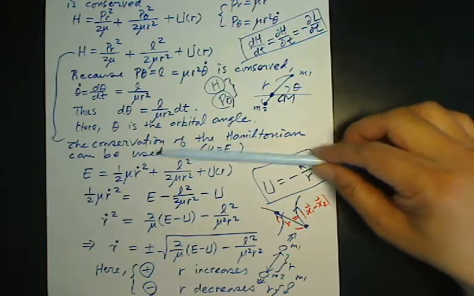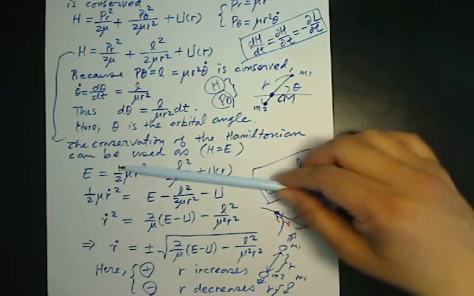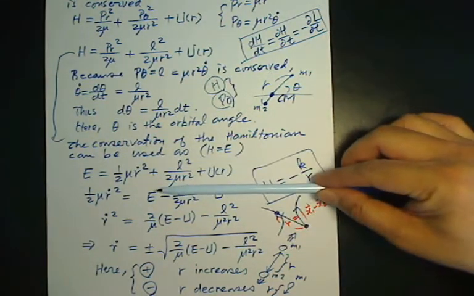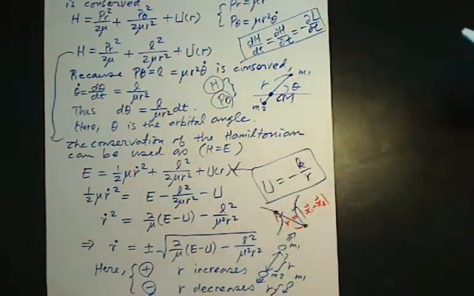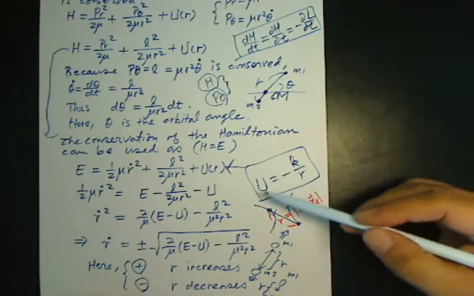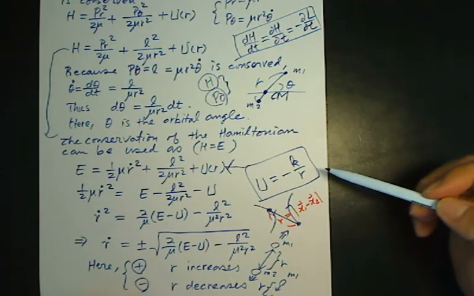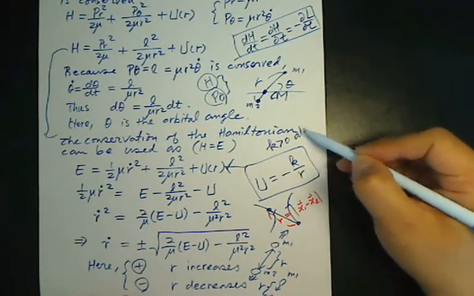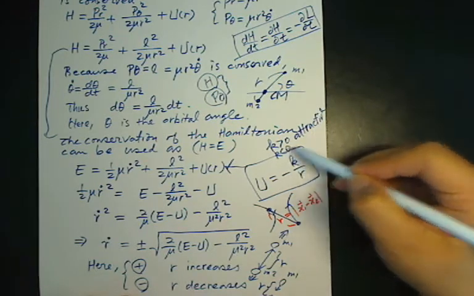Conservation of the Hamiltonian can be applied to replace the Hamiltonian with the constant value that is the total mechanical energy of the system. Now we apply the inverse square law. The inverse square law states that U equals minus K over r. For attractive force, K is positive; K is negative for repulsive.